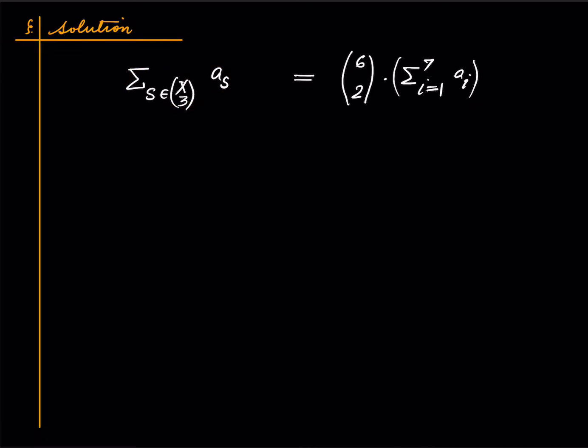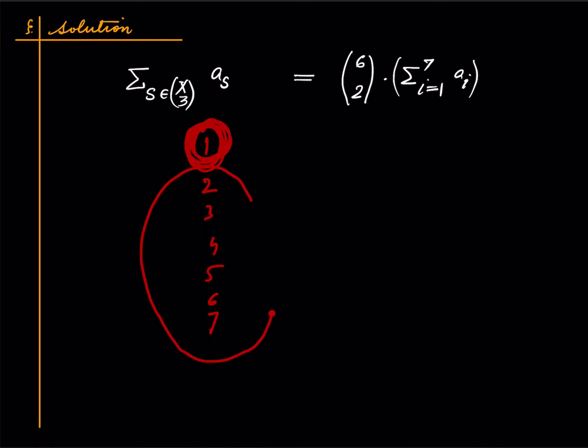Basically I'm asking the question, how many subsets of X are there of size 3 in which 1 lies? So 1, 2, 3, 4, 5, 6, 7 are the numbers. You want to find how many subsets of size 3 of these 7 numbers are there in which this guy lies. So we put it in the 3-element set, and out of the remaining 6 elements we just have to choose 2 of them, and there are 6 choose 2 ways of doing it.